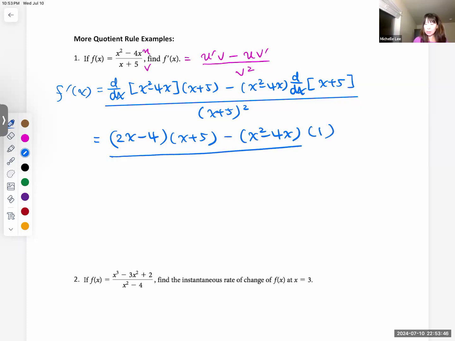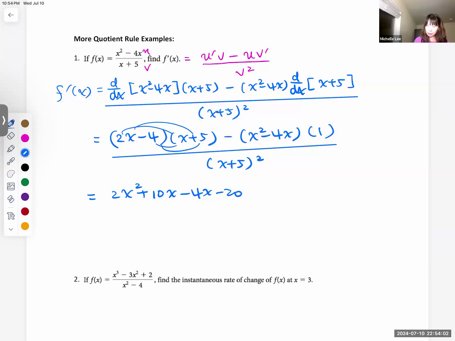All over x plus 5 squared. We need to simplify, so distribute: 2x squared plus 10x minus 4x minus 20, and distribute: minus x squared plus 4x, all over x plus 5 squared.